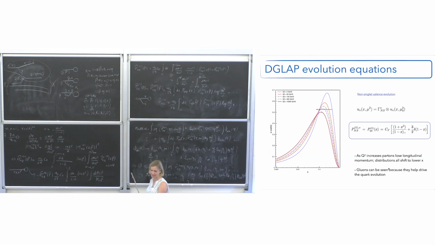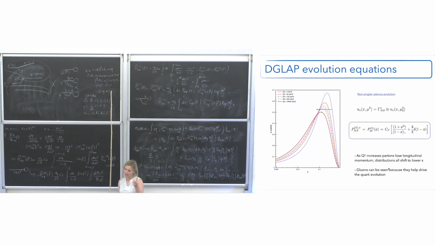You see here that because the combination of splitting functions that describes these diagonal terms doesn't have any divergence at small x, at small Q squared, this is centered about 2/3, okay, so the x, because you've got two valence up quarks and one down inside the proton, so it's centered about 2/3, and then as you go to higher Q squared, the partons lose the longitudinal momentum onto the gluons, so the distribution shifts to lower values of x, okay?